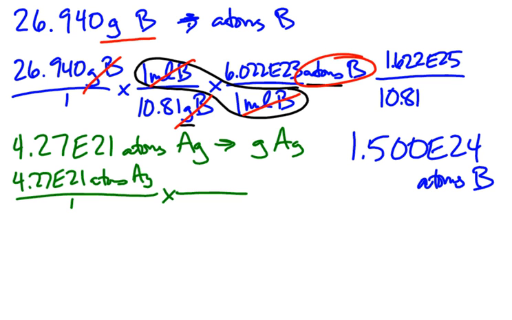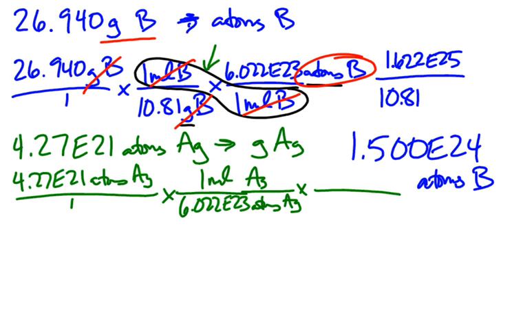Okay? I need to get to moles, because moles, just like here, is going to be my bridge. So I'm going to go 6.022 e to the 23rd atoms of silver for every 1 mole of silver.